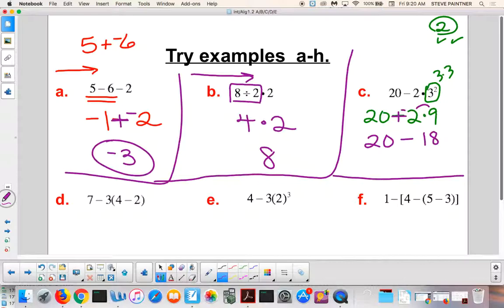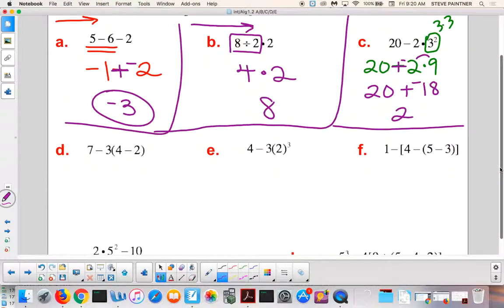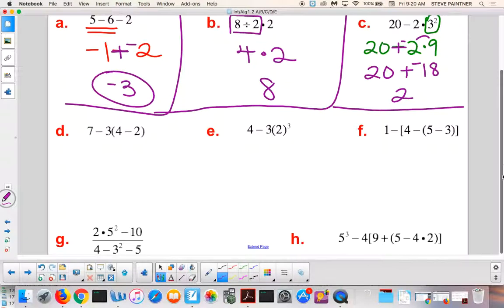You've got to pay attention to the signs. The signs will get you. It's 20 subtract 18, which is what? 2. Or you could do this and this, and if that helps you, do it. Still 2 though. Okay? Good? Let's go to D. Okay, now the grouping symbols are coming.